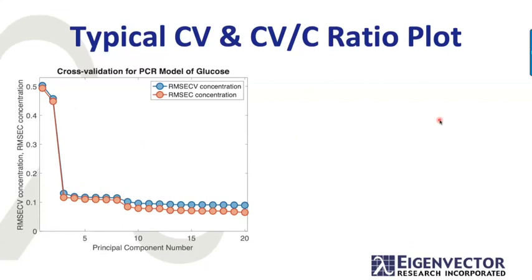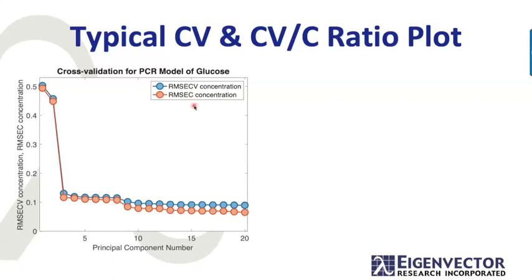So here are some typical cross-validation plots for PCR, and this one is on the glucose data. Here I've got my root mean square error of cross-validation, those are the blue circles, and the root mean square error of calibration, and that's my fit to the data where I don't leave any of it out.